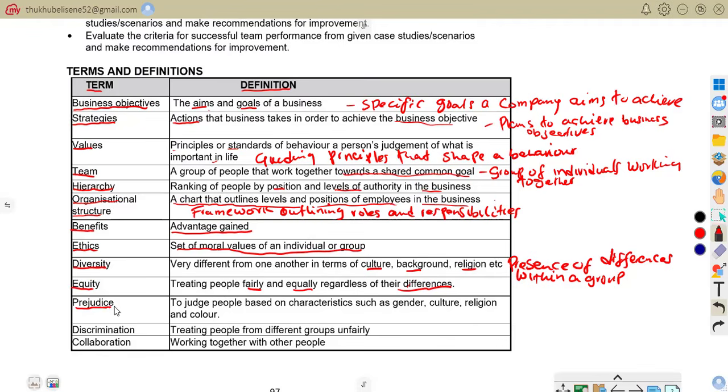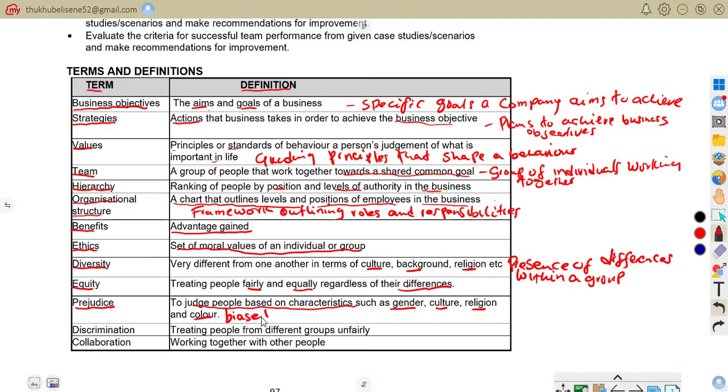Now, prejudice. Prejudice is to judge people based on characteristics such as gender, culture, religion, and color. That is a prejudice based on attitudes or judgment. It is a biased attitude or judgment.